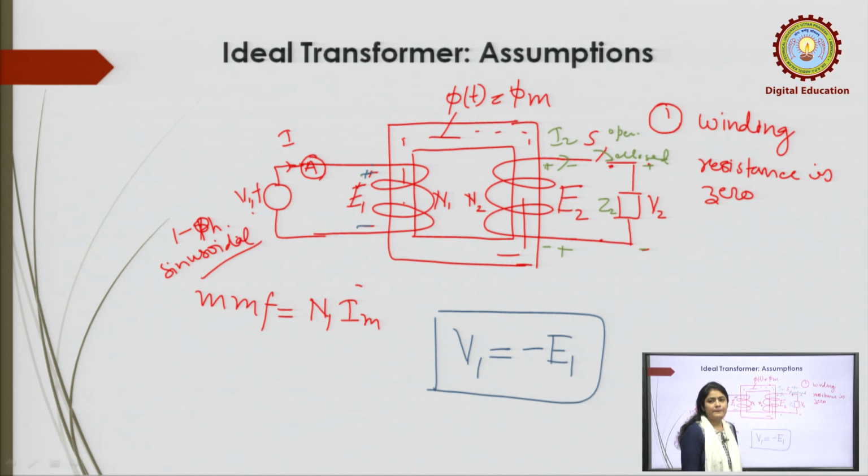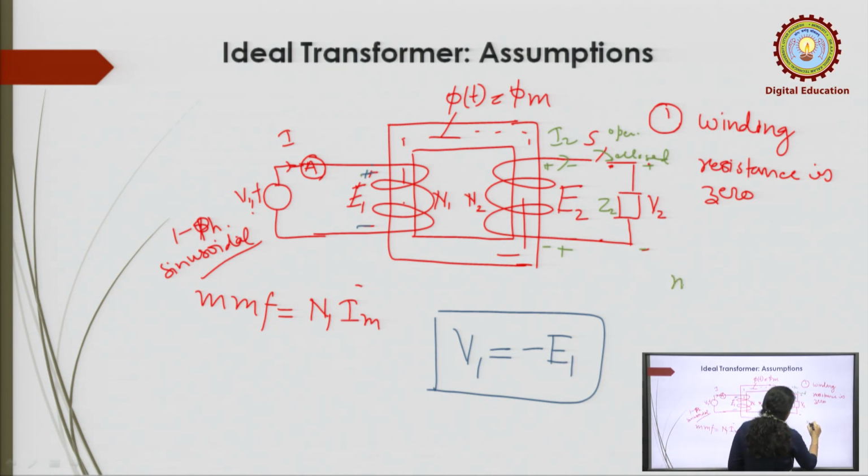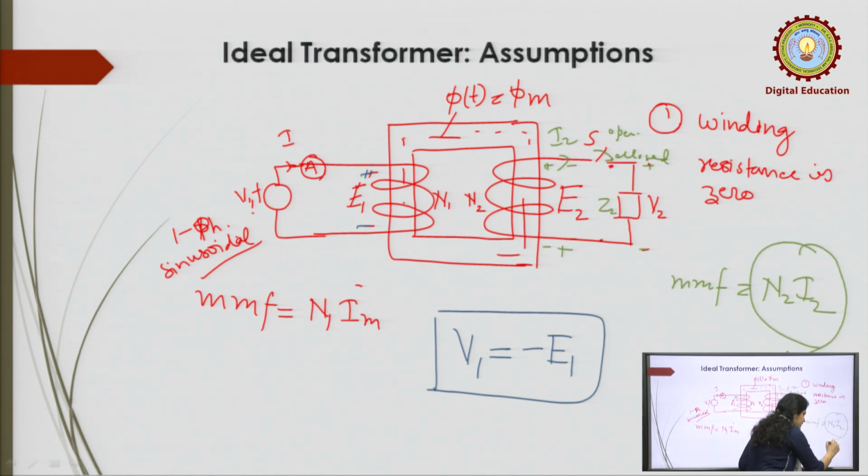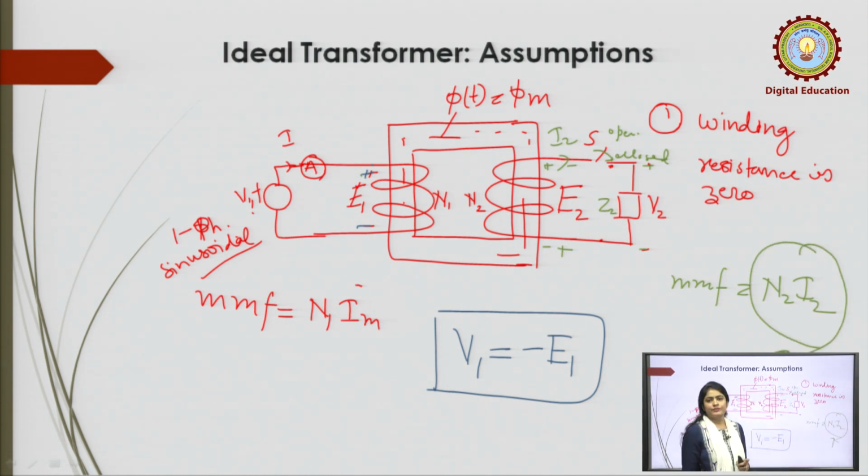through the load to the secondary coil, and this I2 produces its own MMF, because the number of turns is N2. So the MMF produced at loading condition is N2 I2, and that MMF will create a flux. Suppose the direction of the flux is such that it aids the magnetizing flux, the useful flux.